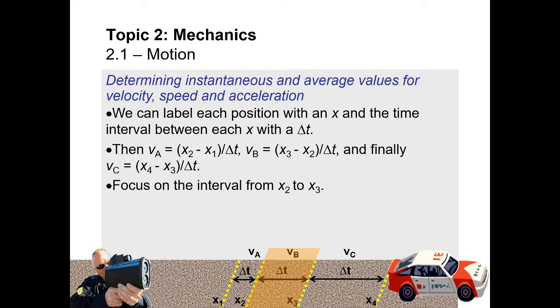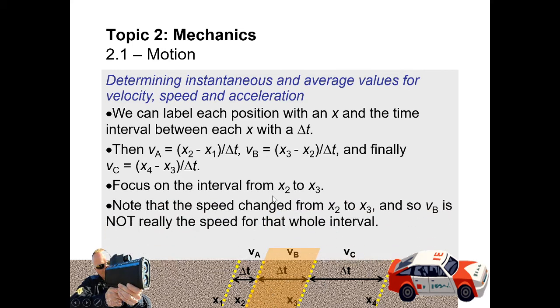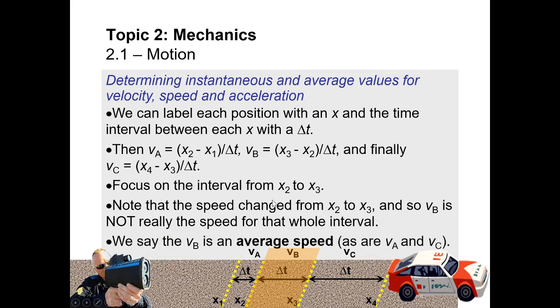That means every single moment in time, your speed or velocity is different. What this picture demonstrates is that velocity only occurs three different ways. So we have to remind ourselves that this vB is an average velocity between points x2 and x3. It's not the instantaneous or exact velocity. It is the average velocity or average speed, just like vA and vC.